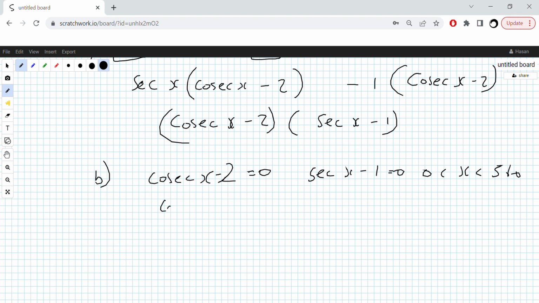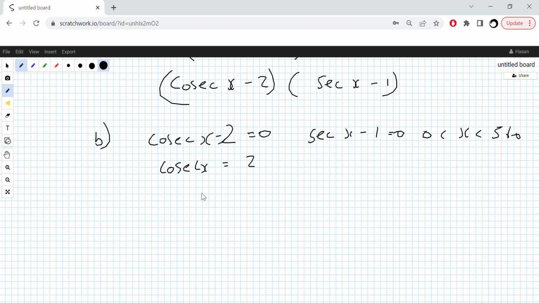So cosec x equals to 2. We'll do that one first. First of all, we're going to translate this into 1 over sine x equals to 2, which is the same as sine x equals to a half.